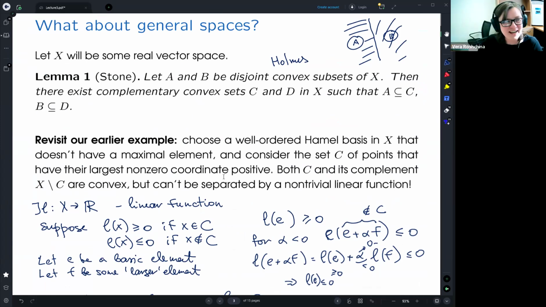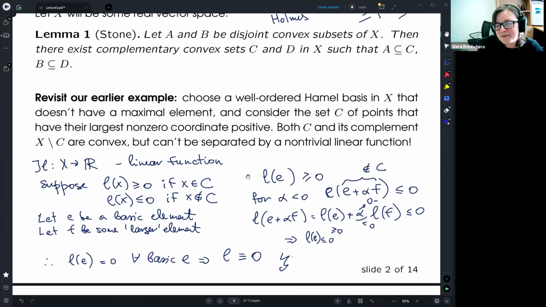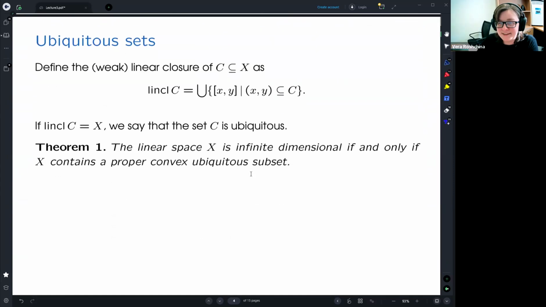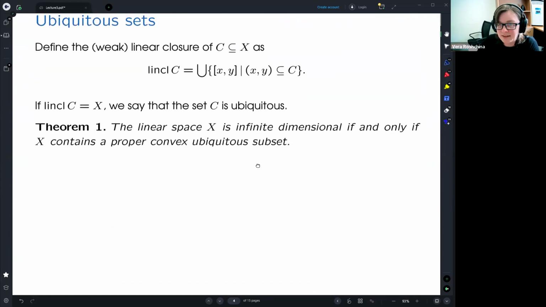So David or anybody who knows more and maybe can see that I'm missing something or making mistakes, please just use the chat or say things. Yeah, just start talking. Okay, so it's impossible to separate convex sets in infinite dimensional spaces sometimes. And in fact, it always happens.